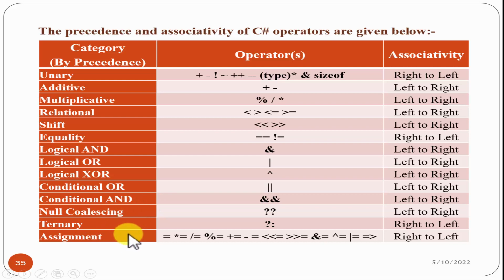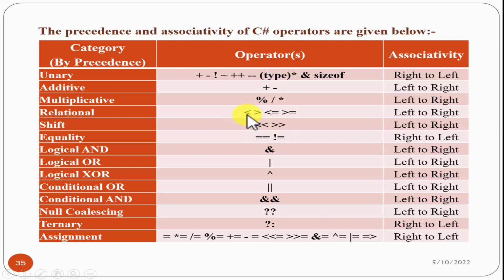The assignment operator is always performed last. Here we have some operators in the same family, like add and subtract as unary operators, where negative values are handled, like negative A and positive A. We know the logical NOT operator, tilde operator, increment, decrement, typeof and sizeof. These are the operators in the same family. Plus and minus are additive, and in multiplicative we have modulus, divide and multiplication.